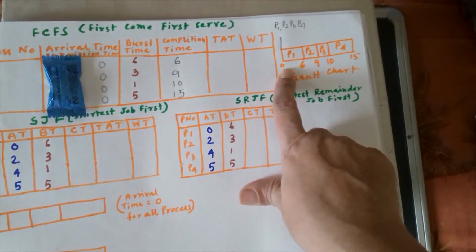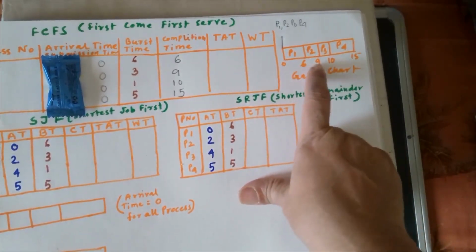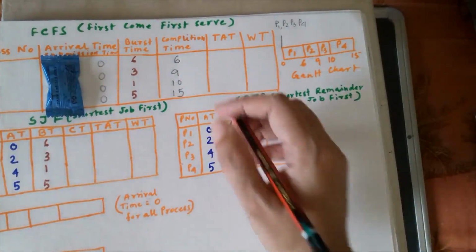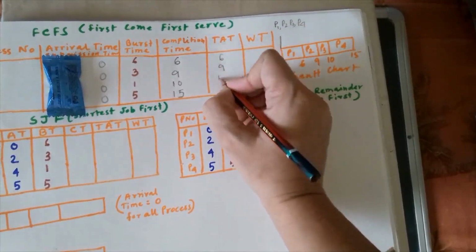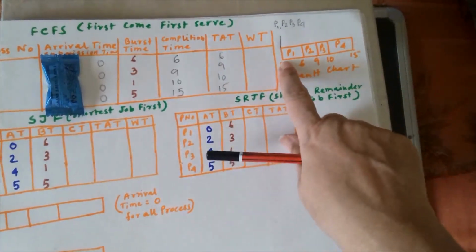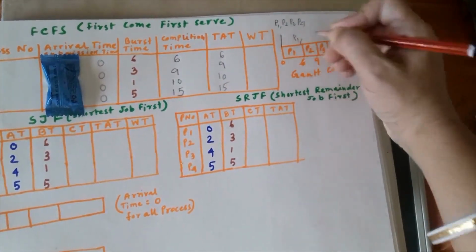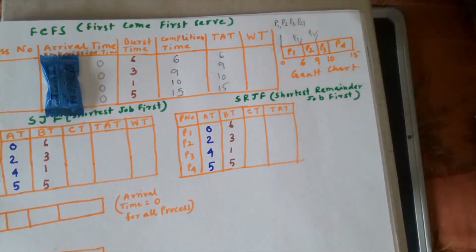Because submission is 0 for all, we calculate with respect to that. So it will be 6 here, 9 here, 10 here, and 15. So 0 to 6, at the point of 6 P1 has terminated. At the point of 9 P2 has terminated.